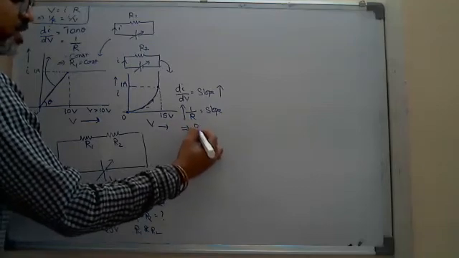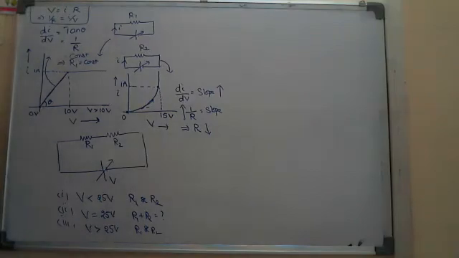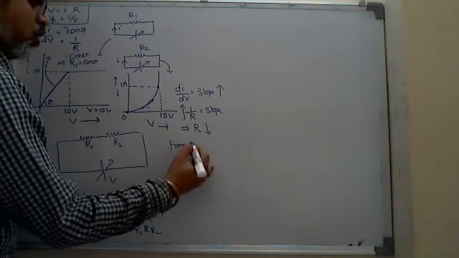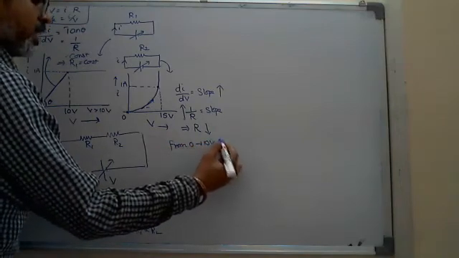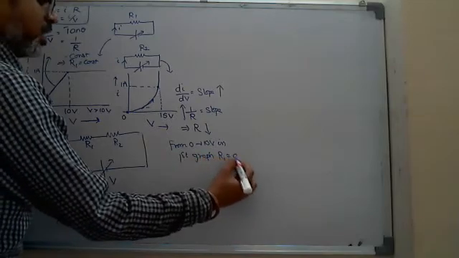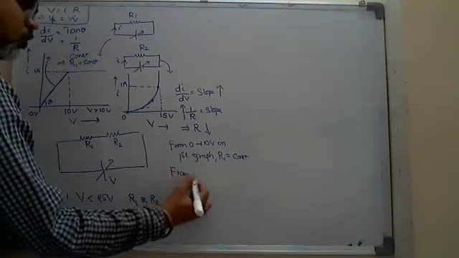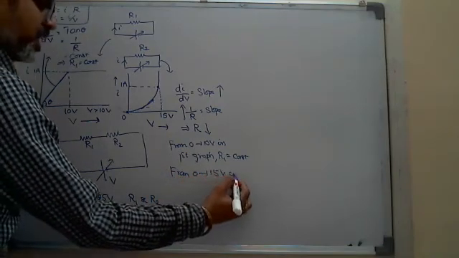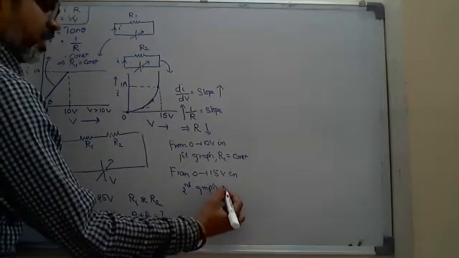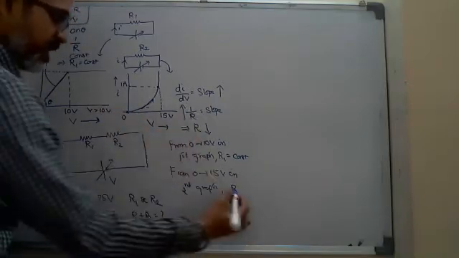That implies I can say R is decreasing. So what can I conclude? From 0 to 10 volts in the first graph, R1 is constant, and from 0 to 15 volts in the second graph, R2, the resistance, decreases.